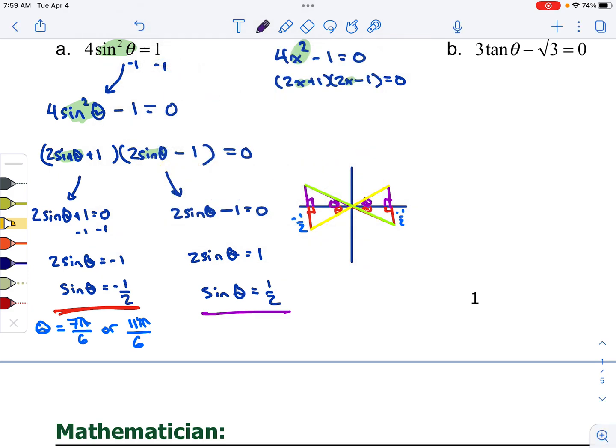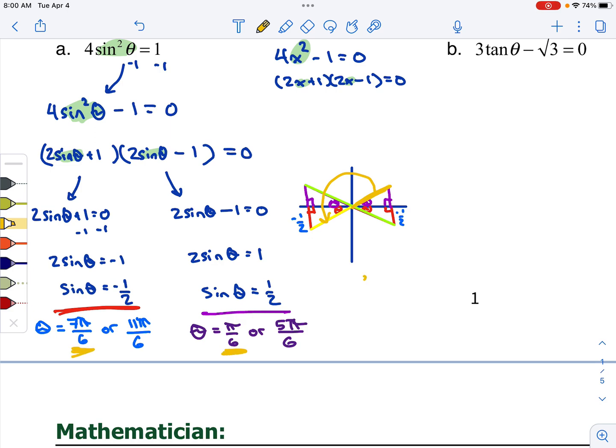So for sine of theta equals 1/2, theta would be pi over 6 or 5 pi over 6. And if you watch from pi over 6, which is right here, if you do a 180-degree rotation, you'll get to 7 pi over 6. So these are connected here.